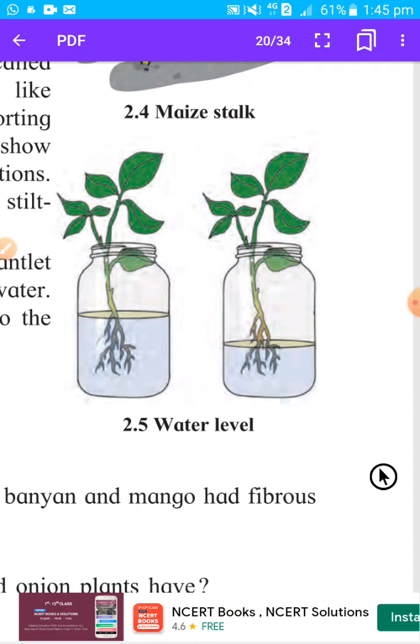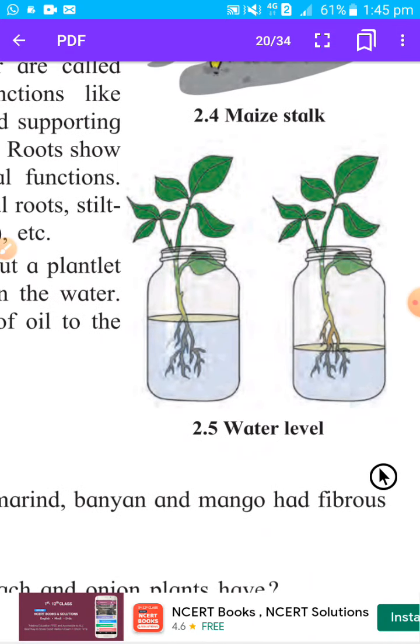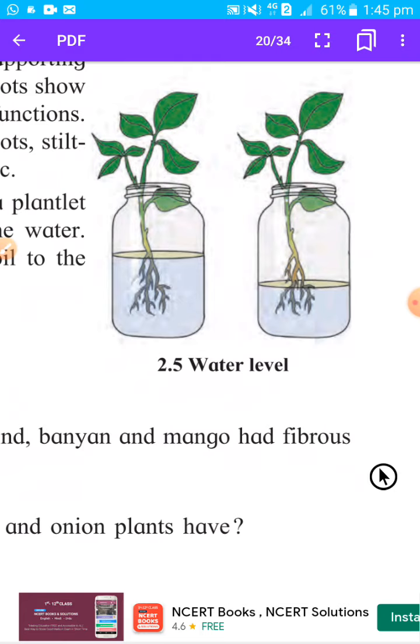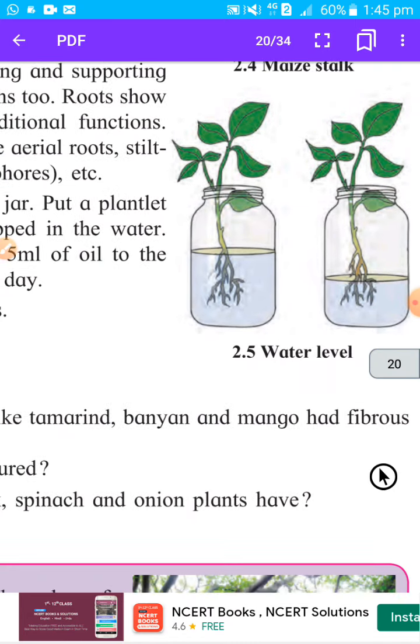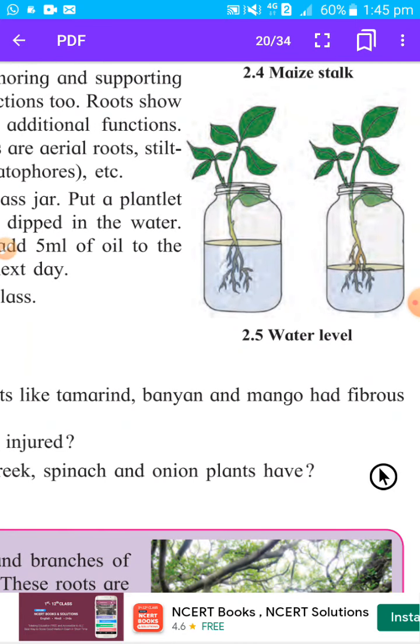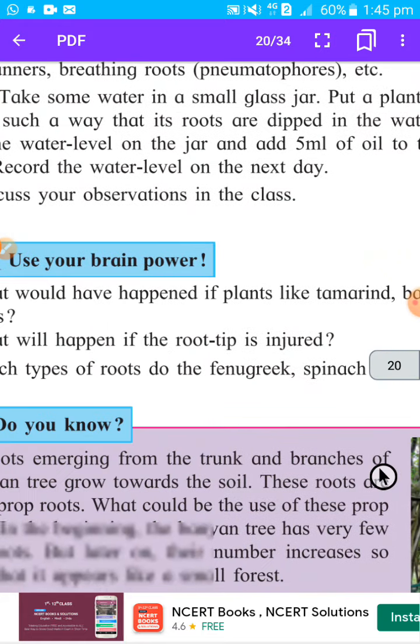Now as we have put oil, water cannot evaporate. The roots will absorb the water, and the decrease in the water level clearly shows that the roots of that plantlet have absorbed the water. So from this activity we come to know that roots absorb water.